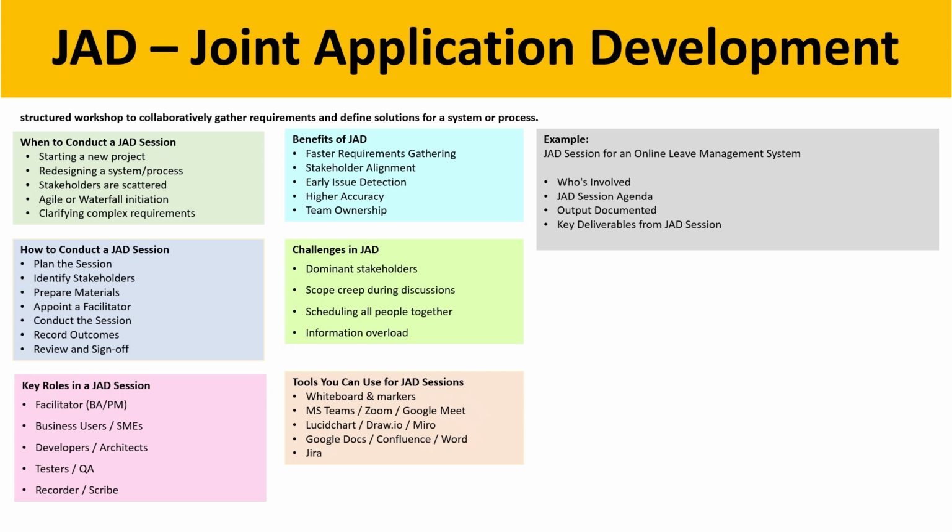The key deliverables of your JAD session will be, as we said, the FRD, user stories, workflow diagram, then user interface mockups or wireframes, business rules documentation, and the list of open items for discussion, which are the future enhancements they are going to make.